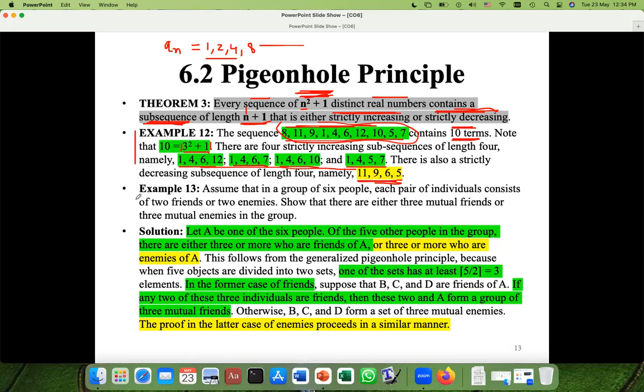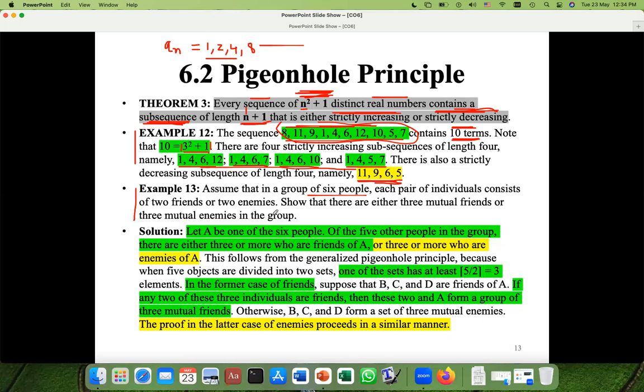Okay, example 13. Assume that in a group of 6 people, you will make pairs of these 6 people, meaning 2 people in a pair.